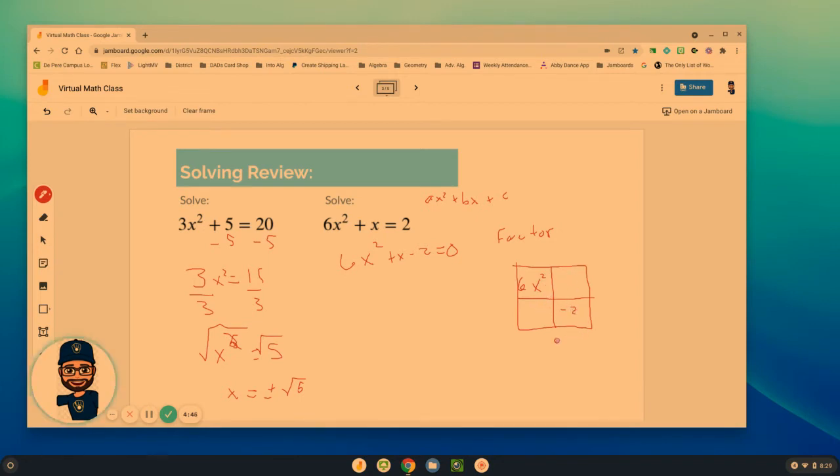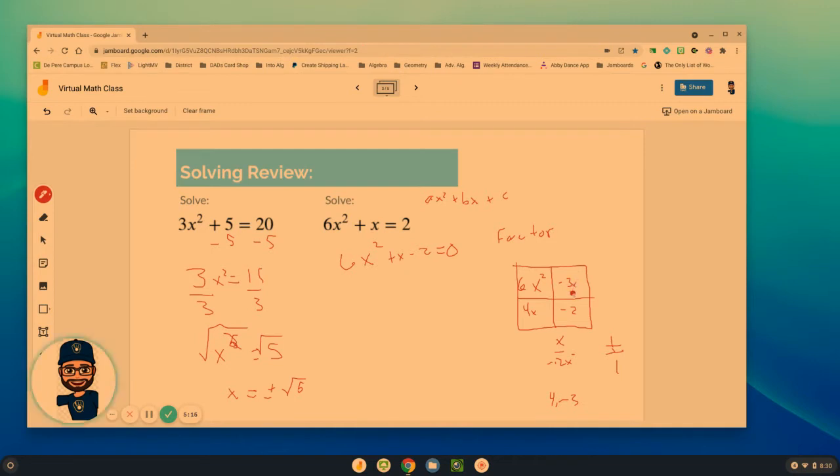Those two empty boxes need to multiply up to be -12x squared, and they have to add up to 1x. Well, what two numbers multiply to negative 12 but add up to 1? 4 with negative 3. So one box would be 4x and the other box would be negative 3x.